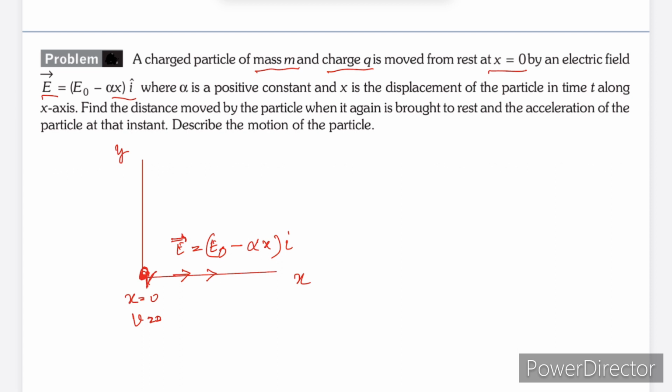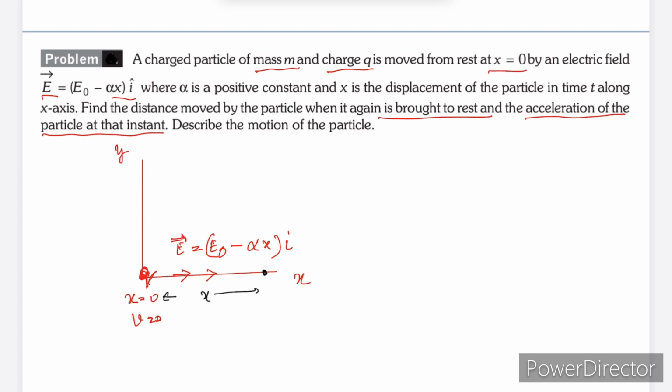Now, let us read further. Find the distance moved by the particle when it is again brought to rest, and the acceleration of the particle at that instant. That means what we have to find out is, suppose this particle comes here and its velocity becomes 0, then we have to find this distance.